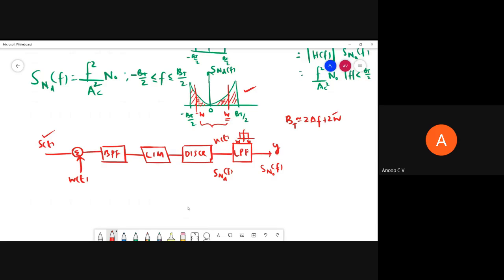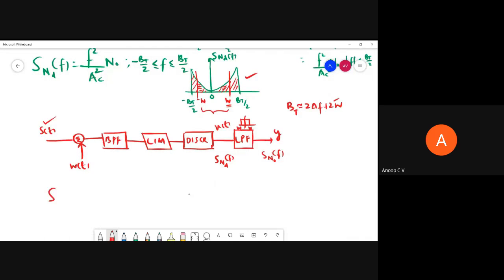So S N O of F will be equal to F square by AC square times N naught, for minus W less than or equal to F less than or equal to plus W.